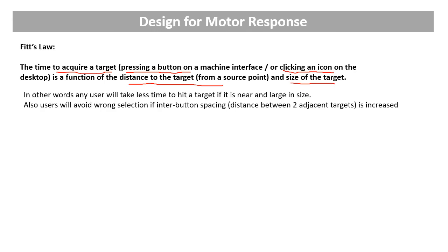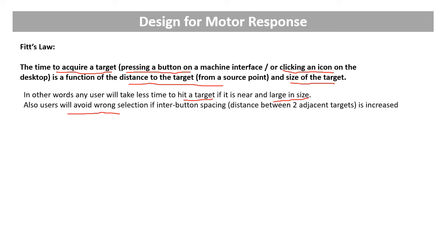So what does it mean? It means that the user will take less time to hit a target, say click an icon, if it is near the mouse pointer, or if it is large in size, right? Also, users will avoid wrong selection if the inter-button spacing is increased.